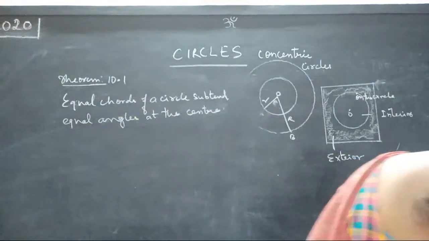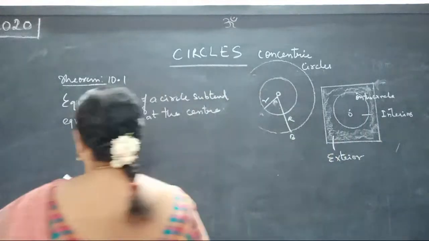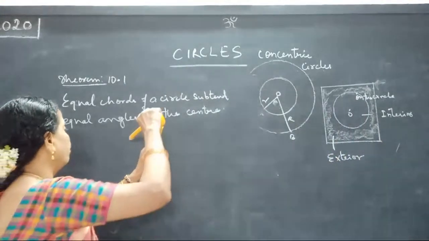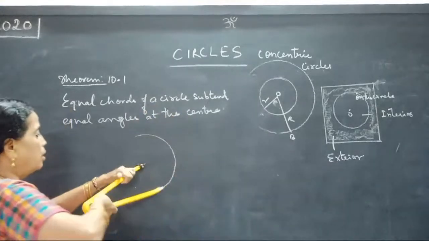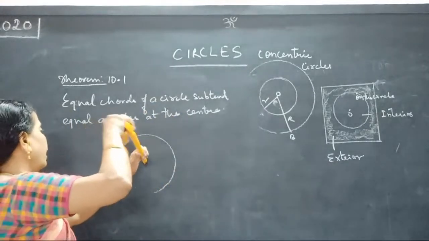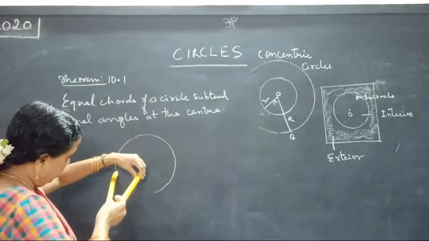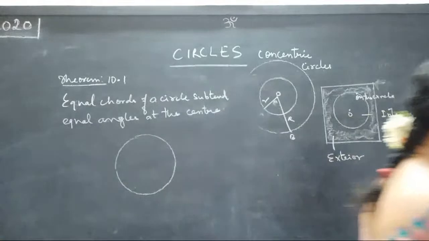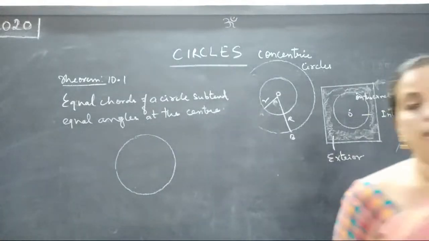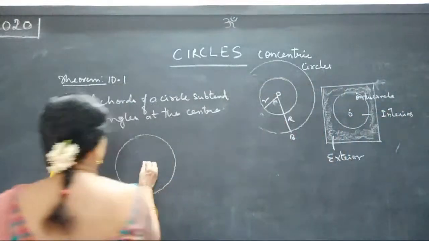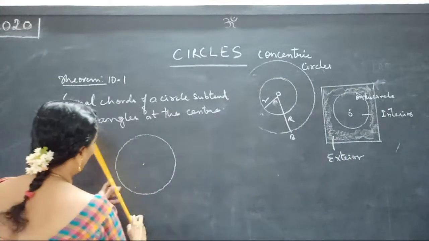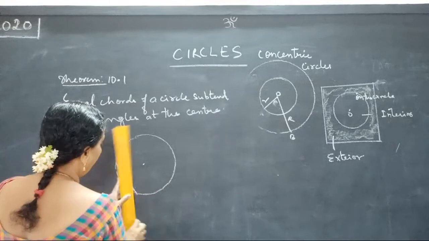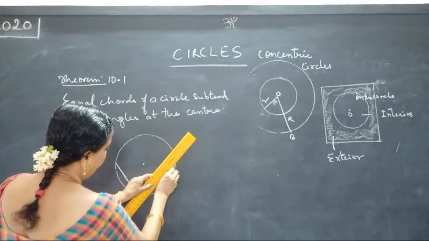Consider the figure below the statement. I will show how we can prove that equal chords subtend equal angles at the center. That is, when the chords are equal, they subtend equal angles at the center. Take two chords which are equal in measure, AB and CD.